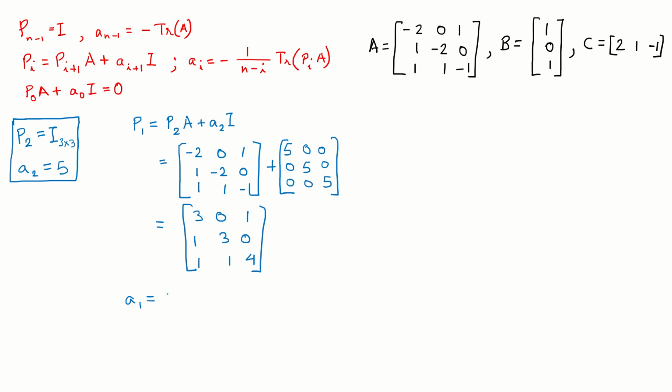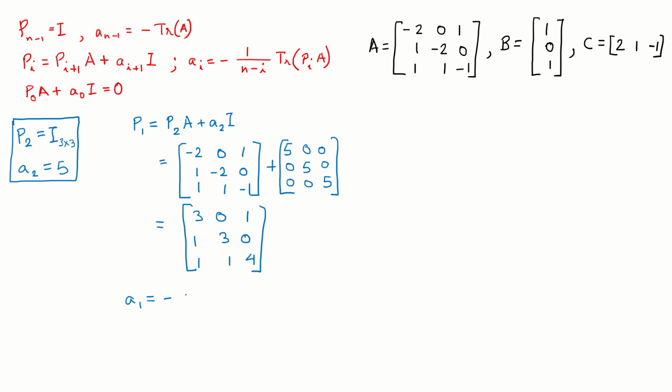A1 is minus trace, minus half, because minus, in what is I here? I is n minus 1. So n is 3, so I is 2 basically, and we are having minus 1 by n minus I. So we are dealing with I equals to 1 here.